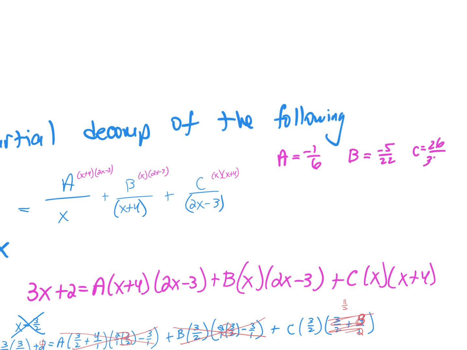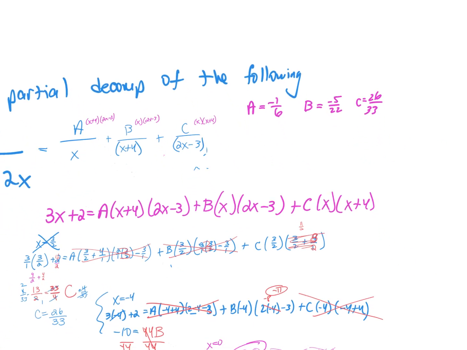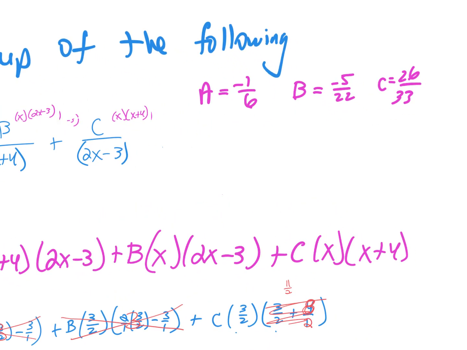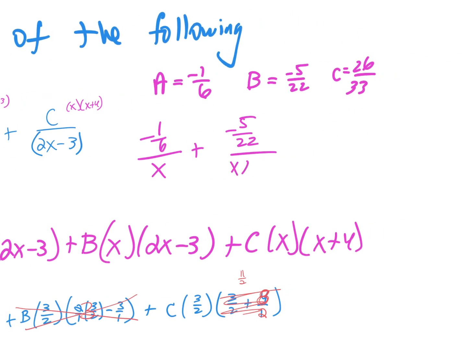All right, so now I'm going to replace my A, my B, and my C. A is negative 1/6 over x plus negative 5 over 22 over x plus 4. And then C is 26 over 33, and then 2x minus 3.